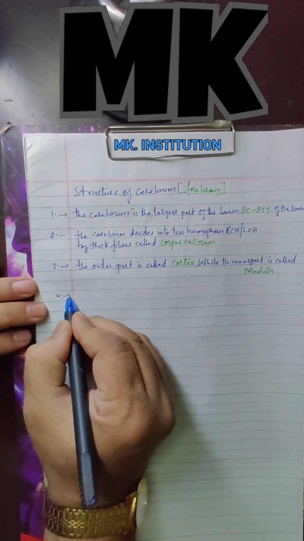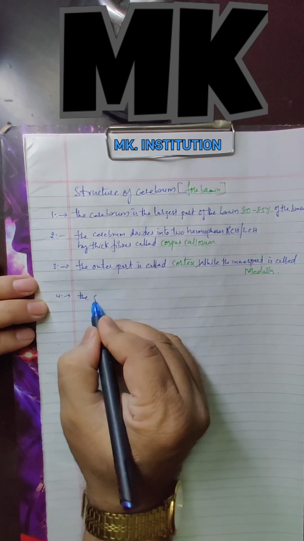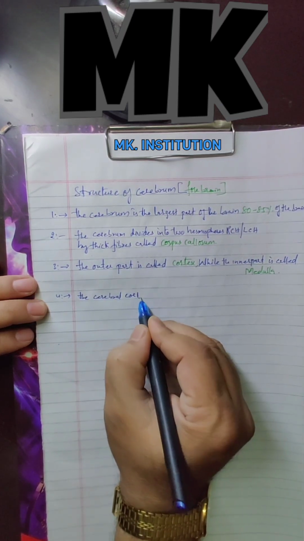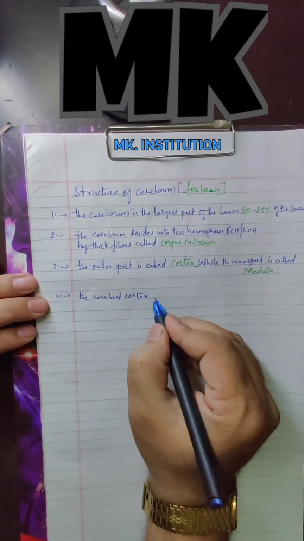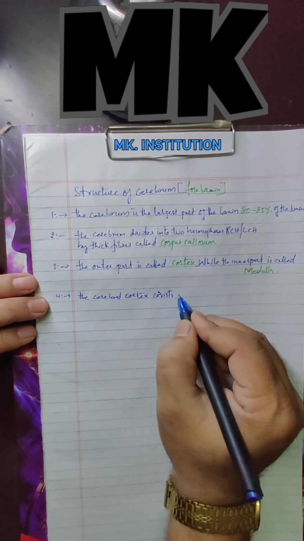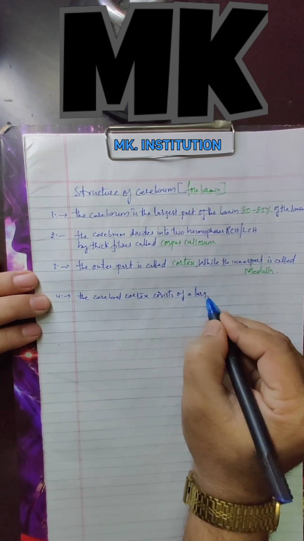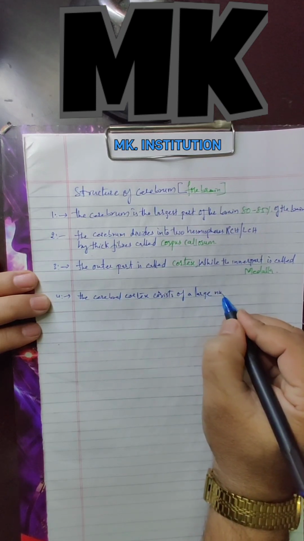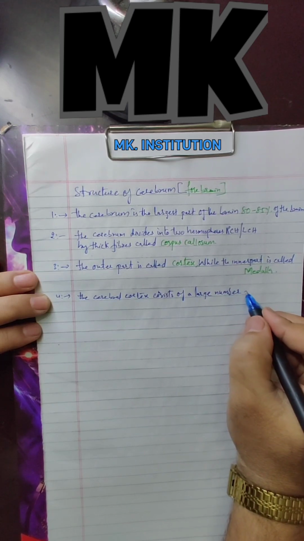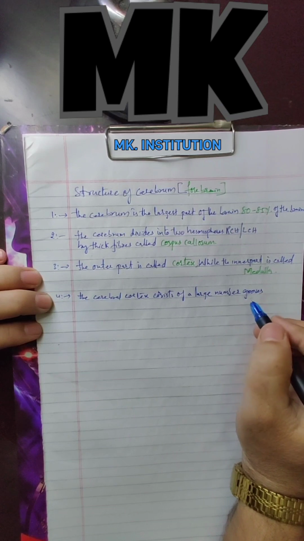Then next, fourth one here, the cerebral cortex consists of a large number of grooves, or simply called depressions.